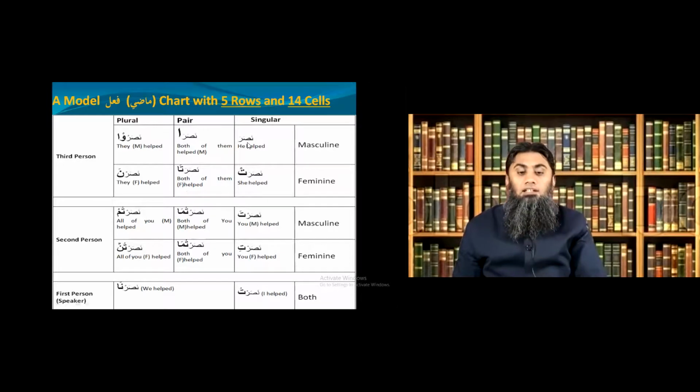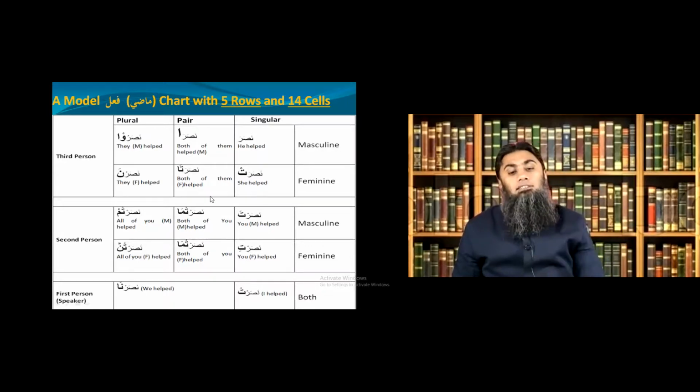Is this point clear? So how would you memorize this chart? Like this: nasara, nasara, nasaru, nasarat, nasarata, nasarna, nasarta, nasartuma, nasartum, nasarti, nasartuma, nasartunna, nasartu, nasarna.